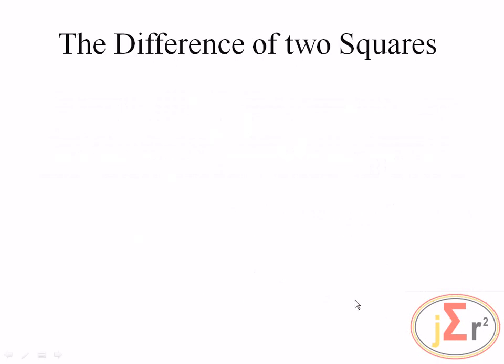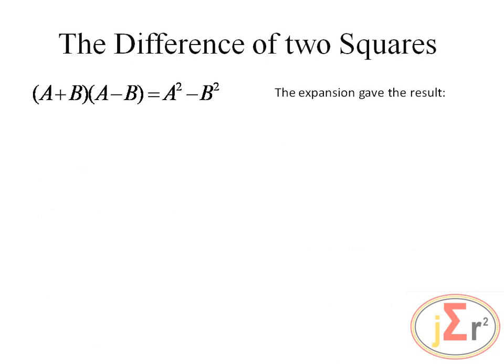We will continue with the difference of two squares. The expression gave the result a plus b, a minus b, that is, all of a plus b multiplied by all of a minus b is equal to a squared minus b squared.